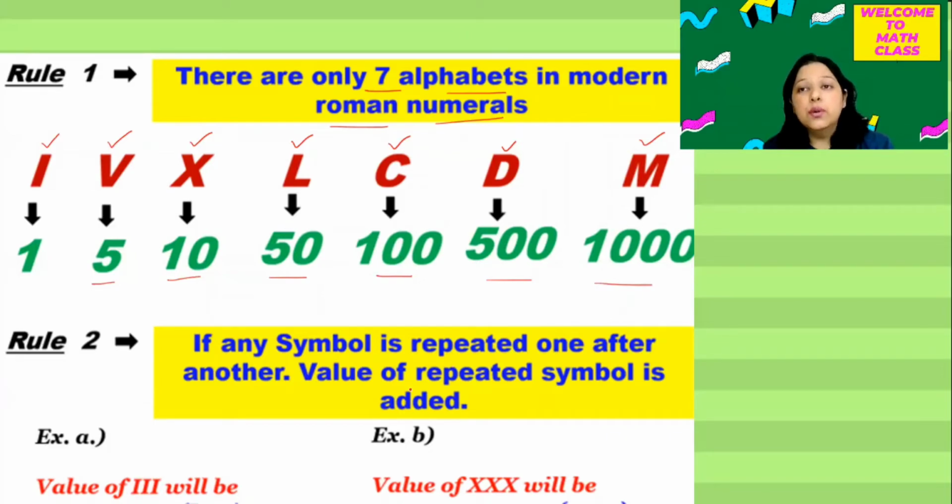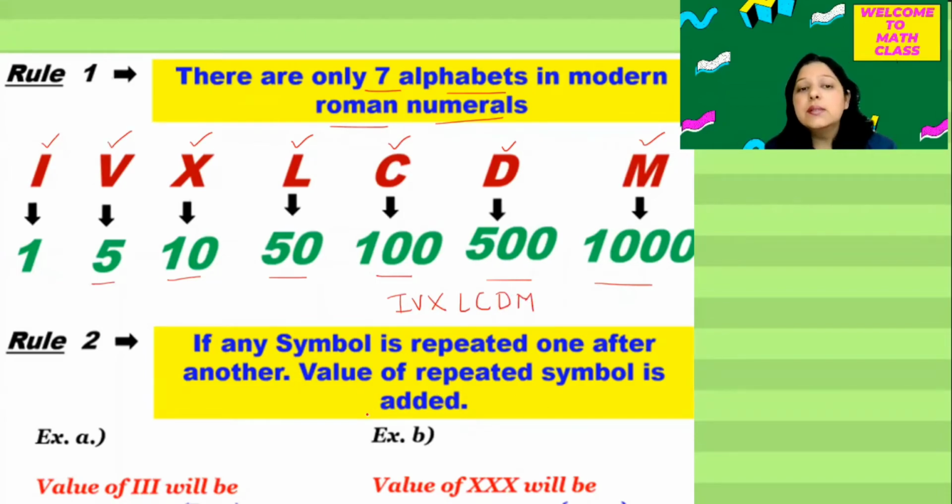So we can only use these alphabets in Roman numerals. To remember this pattern, we can remember it in this way: I, V, X, L, C, D, and M.